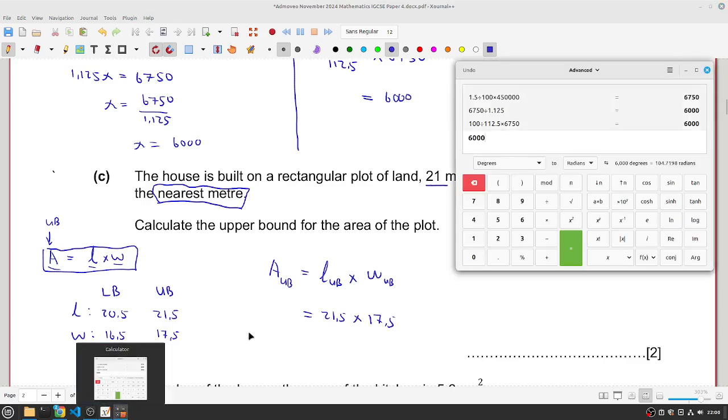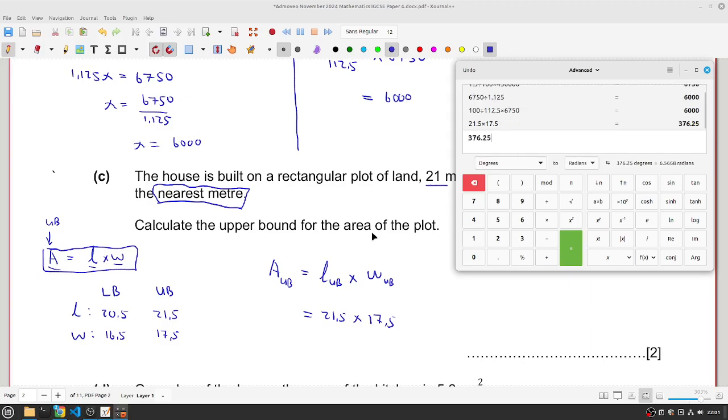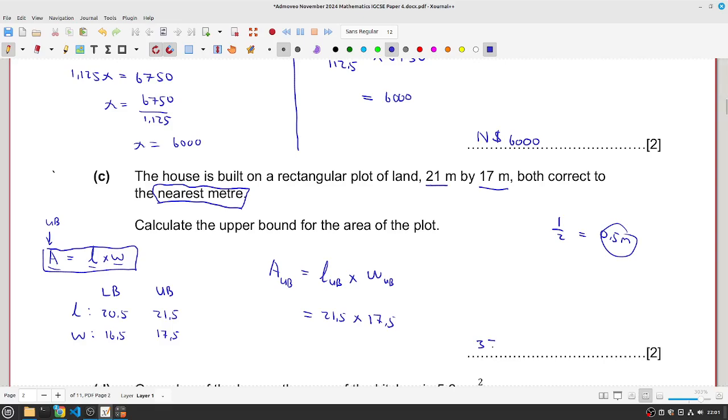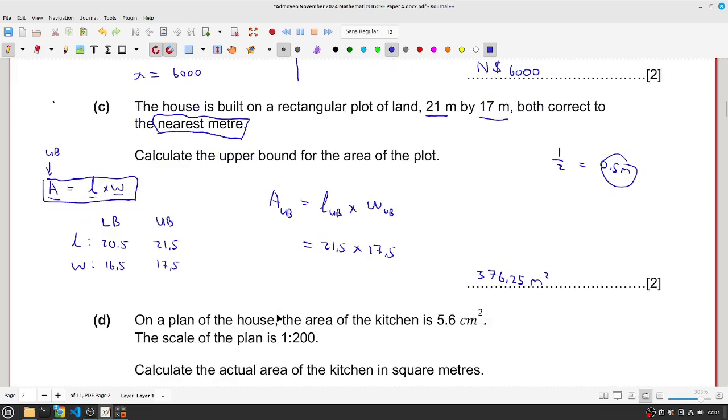Okay, let's again get out the calculator. 21.5 times 17.5. That's 376.25. Okay, so 376.25 meters squared. Okay, remember, square meters for area. Okay, I hope this makes sense.